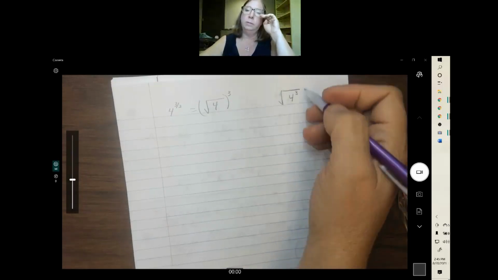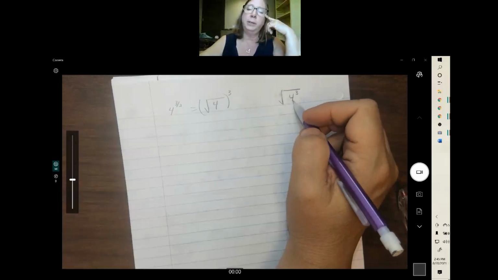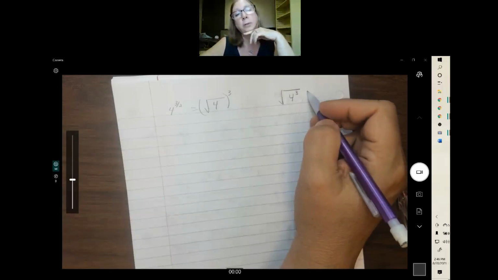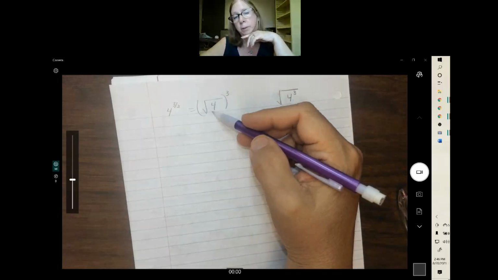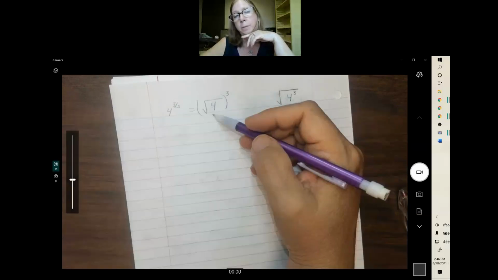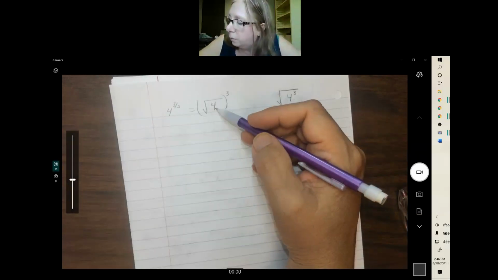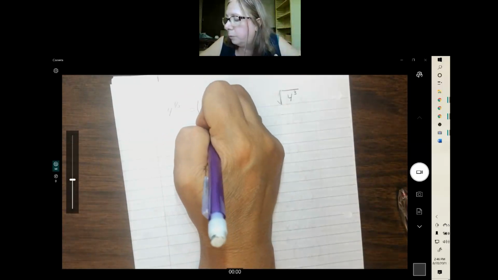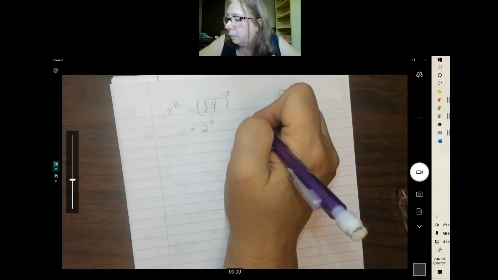Now, if we didn't have a calculator, 4 times 4 times 4 can get pretty large, and then you have to take the square root of it. So whenever you can do the square root first, it's simpler, because we know the square root of 4 is 2. And then 2 cubed, 2 times 2 is 4 times 2 is 8.